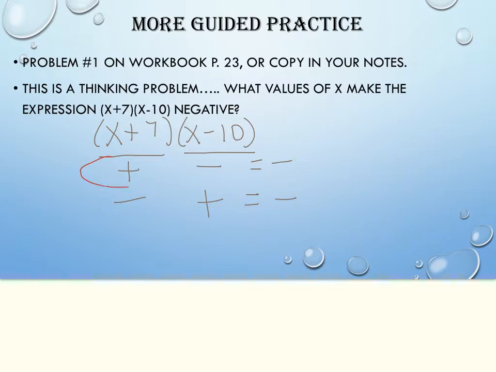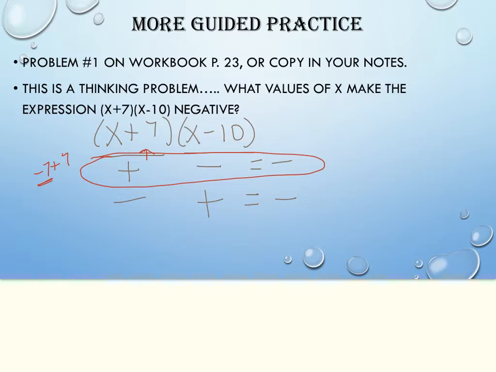So in the first situation here, in order to get a positive out of the x plus 7, what kind of numbers would x have to be when you add it to 7 would make it positive? Well, I'm thinking in my head, negative 7 plus 7 would give me 0.